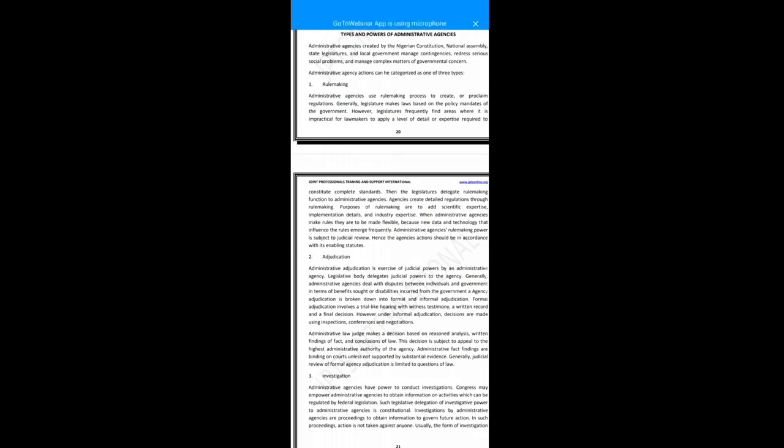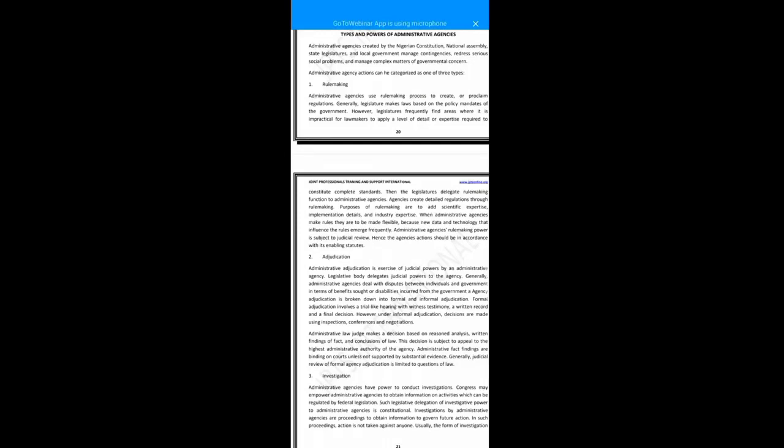Agency adjudication is broken down into formal and informal. Administrative law judges make a decision based on reasoned analysis, written findings of fact, and conclusions of law. This decision is subject to appeal to the highest administrative authority of the agency.